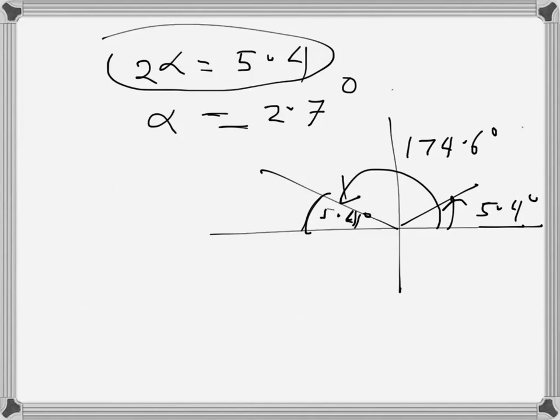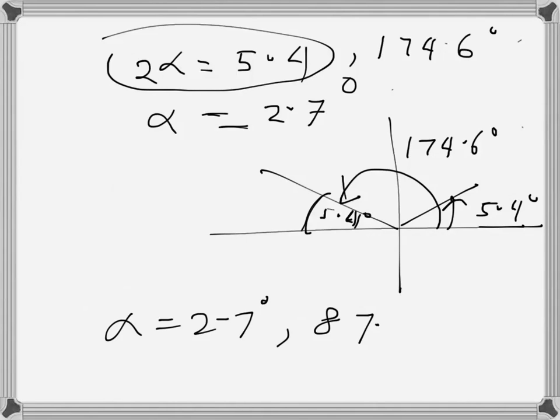So either 2 alpha is 5.4 or 174.6 degrees, and if I divide, alpha can be either 2.7 degrees or 87.3 degrees.